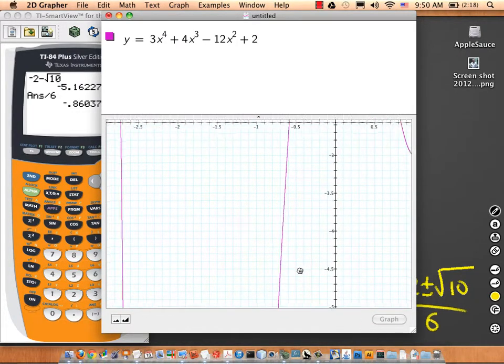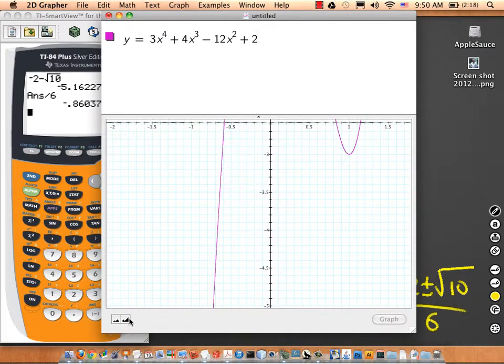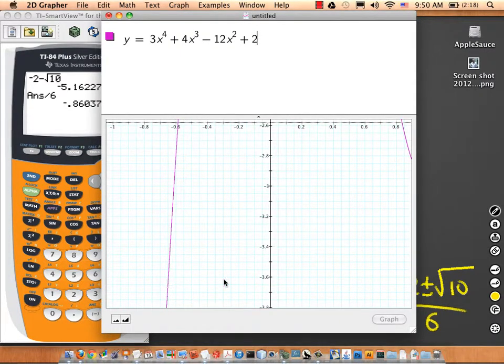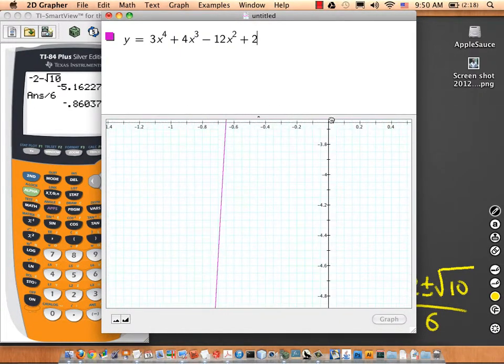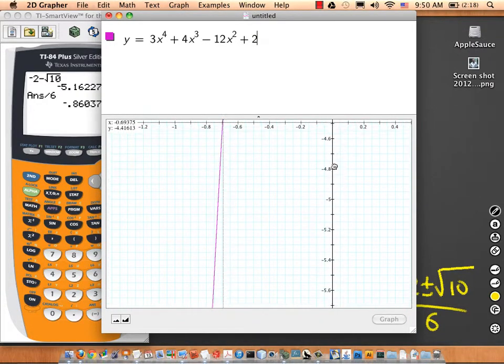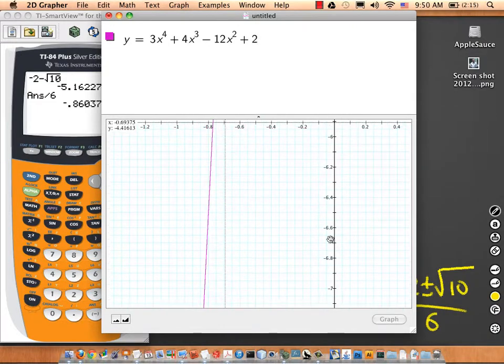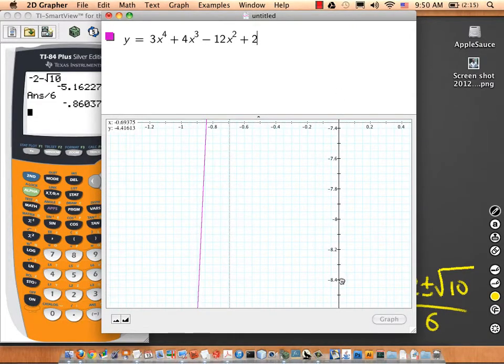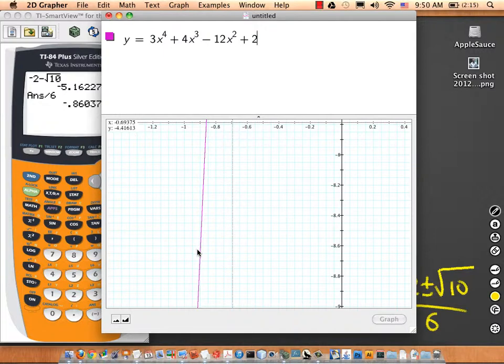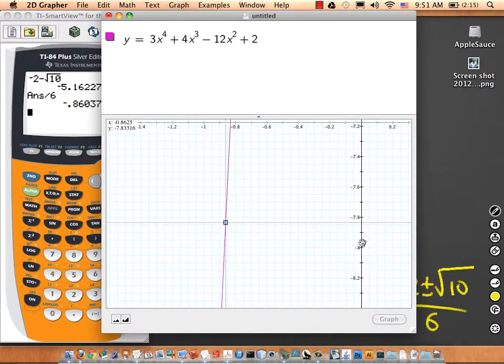Zoom in. Scroll down. Here we go. Right about, not perfect by any stretch of the imagination, but right about here, Cody.